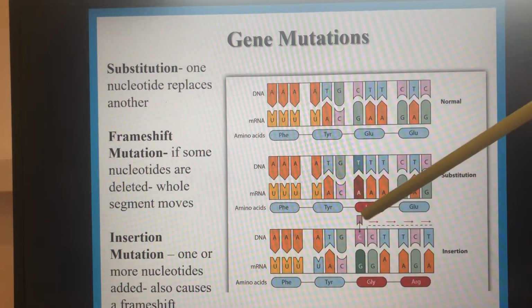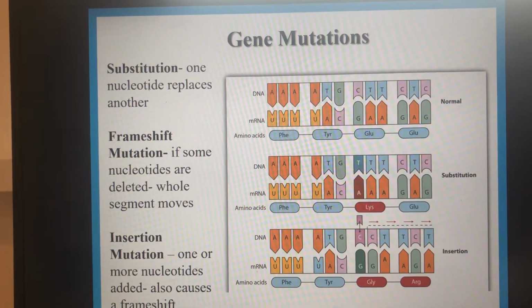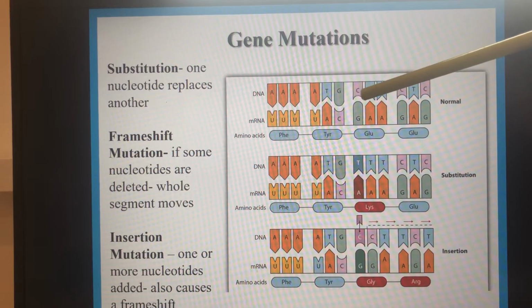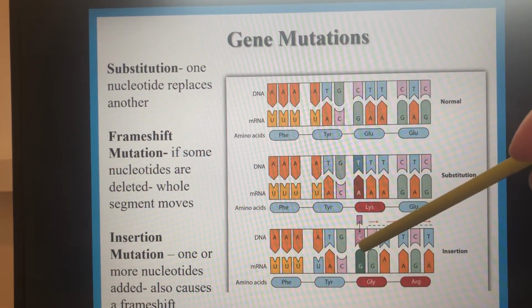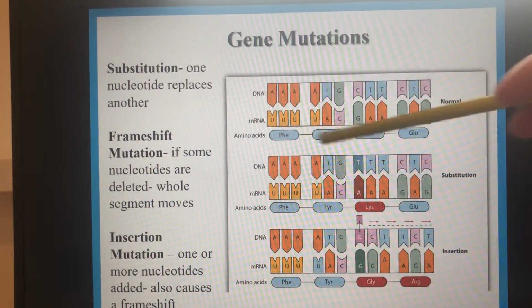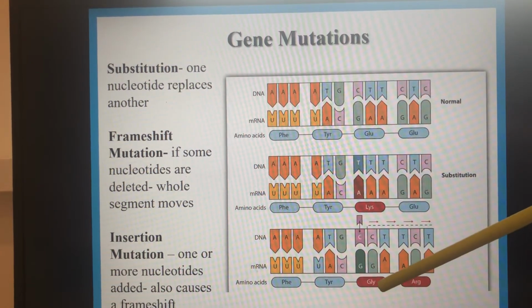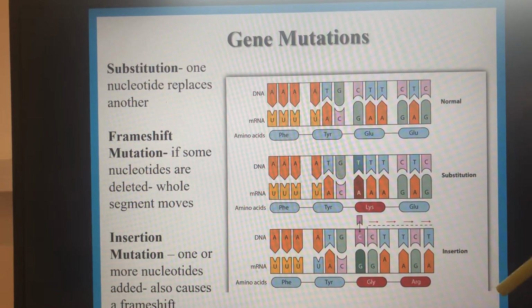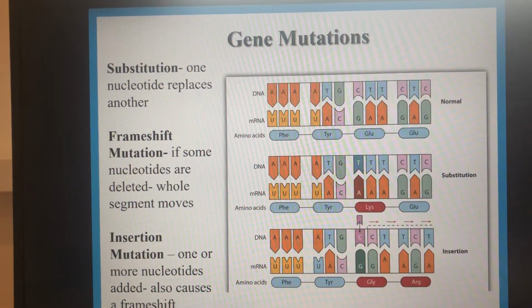And now we added a nucleotide here. If you look, it was supposed to be CTT. We added another C, so we have CCT. Well, now, this would be the normal one. Now we're changing all the 3 groupings downstream of where you had the insertion.